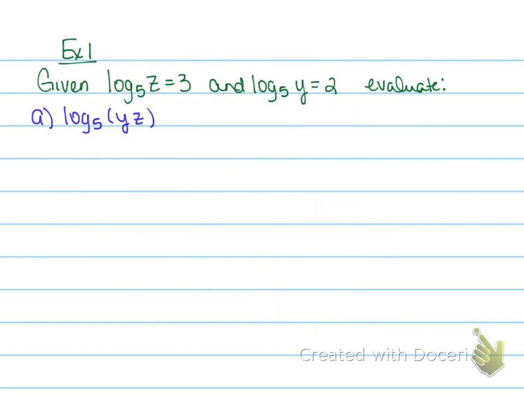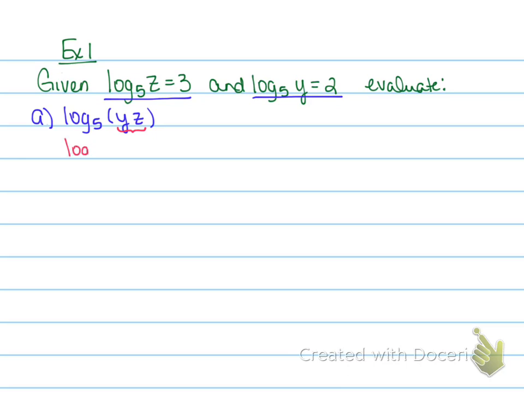Okay, so example 1 tells us, given that log base 5 of z is equal to 3 and that log base 5 of y is equal to 2, we're going to evaluate each expression. A is log base 5 of y times z. Well, we notice that these are being multiplied, and we know we can separate them because when you multiply, you add.